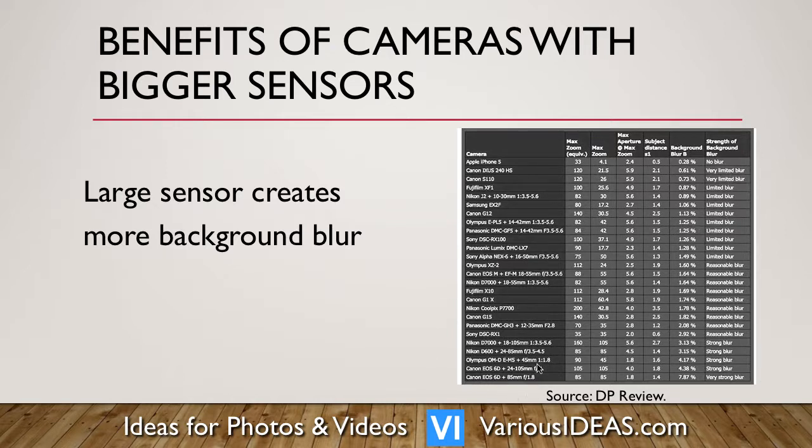Only the full frame cameras or the APS-C cameras have reasonable or strong blur at the background, because somehow the market perceives blurred backgrounds as professional photos. That's the reason why, because it focuses on the subject, making the photo much more appealing to the eyes and easier to see clearly.